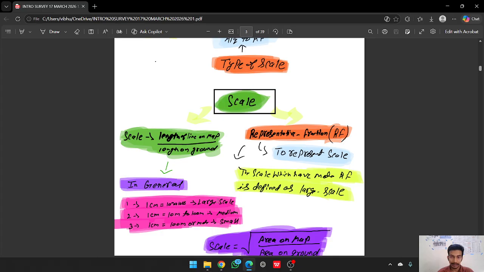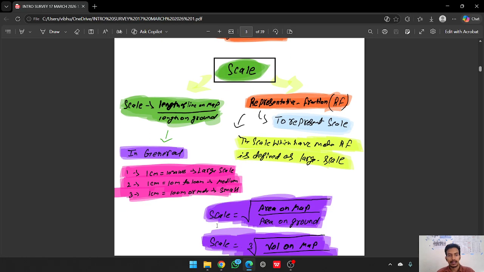RF means representative fraction, which represents the scale. The scale which has more RF is defined as large scale. Okay, got it.